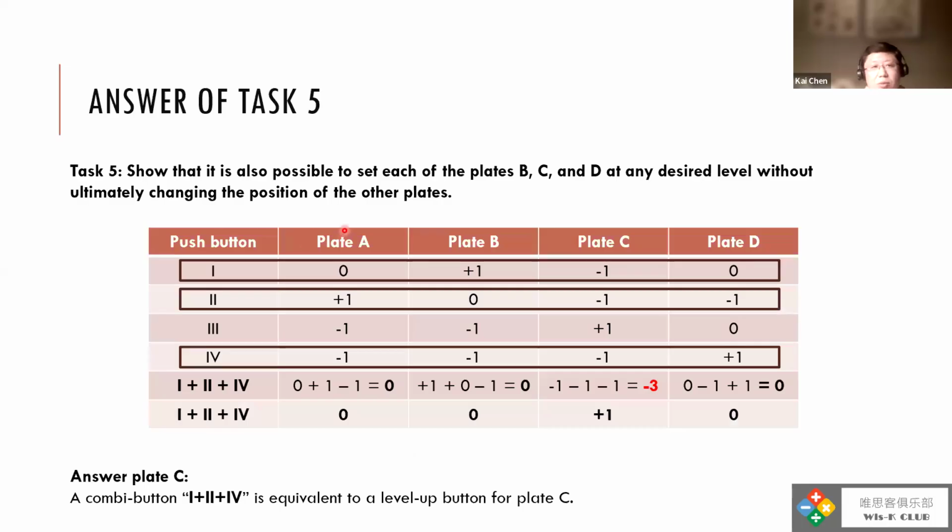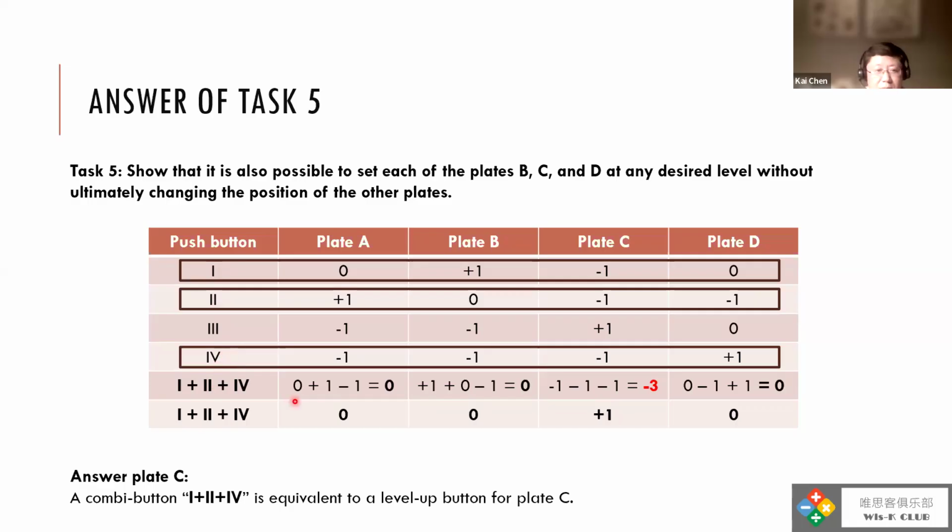Now we start with task number 5. If we want to change B, we have the same table, and we translated the signs into numbers already, right? And we found that if I press buttons 1, 2, and 4 at the same time, what will happen?